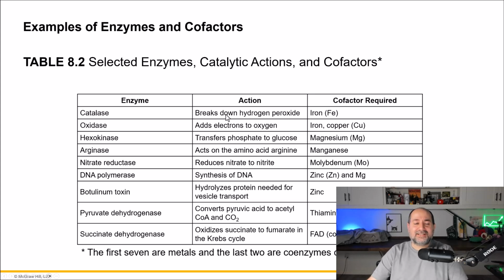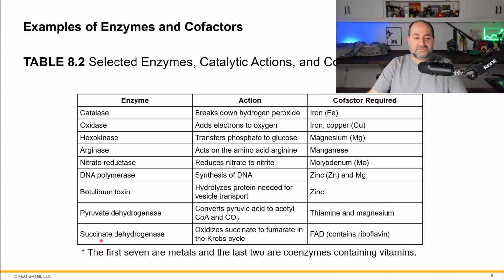And here is a nice table showing you different enzymes on the left and the cofactors they require on the right. Obviously, you do not need to memorize this whole table, but notice how some enzymes like catalase require a cofactor that's inorganic, like iron, while others, like succinate dehydrogenase, require organic cofactors like FAD.